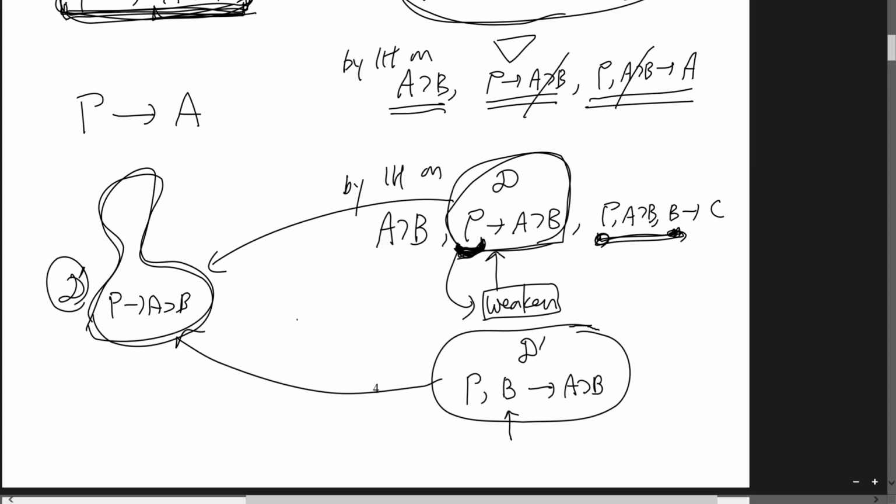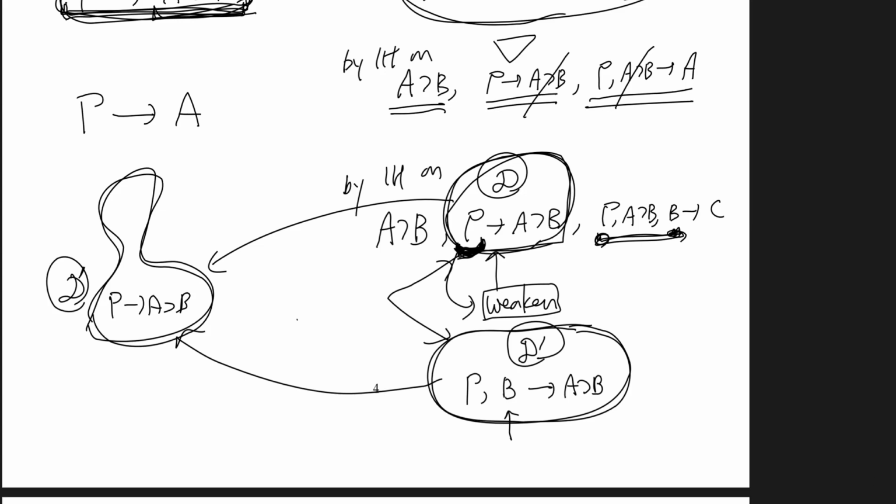So even though this proof and this proof, the two proofs, D and D prime, are different, they have precisely the same structure. So that means we can just assume that this one is essentially the same as this one.